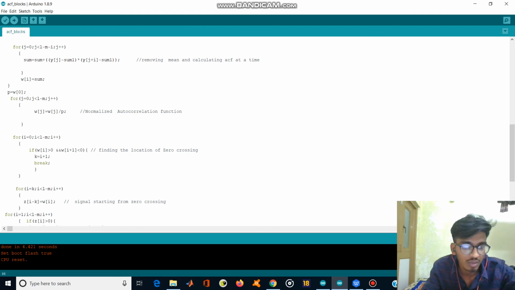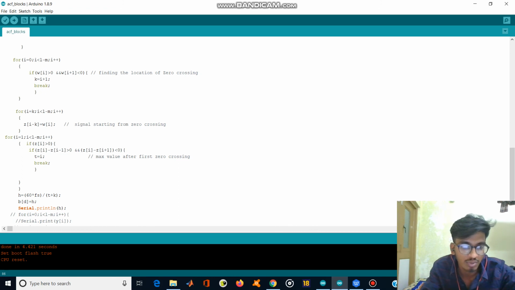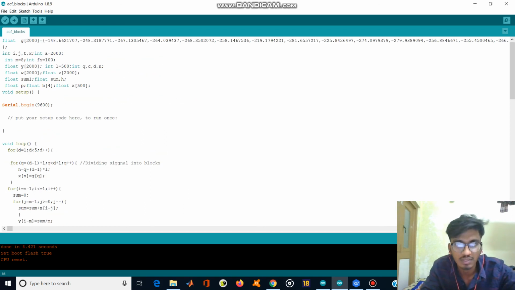Then upload the code to the Arduino board and find the location of the zero crossing point and signal starting point from the zero crossing point. Then again we add both the zero crossing point plus the local maximum location. We add both distances and we will get the period of the signal. Right. Thank you all.